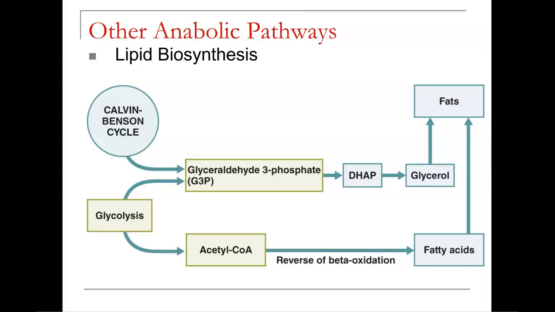You could use lipid biosynthesis, and that's where you're going to synthesize lipids using a variety of different routes. You can have cells polymerize, which means an addition or a condensation of smaller molecules of glycerol and 3 fatty acids.